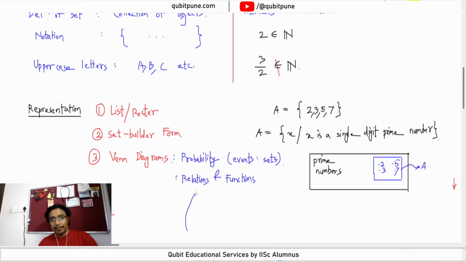There we draw these elliptical diagrams, if you remember. We have a set P, we have a set Q, and then we draw arrows, and then using those arrows we decide whether it is a function or not. So Venn diagrams, we use them in probability, we use them also in relations and functions.